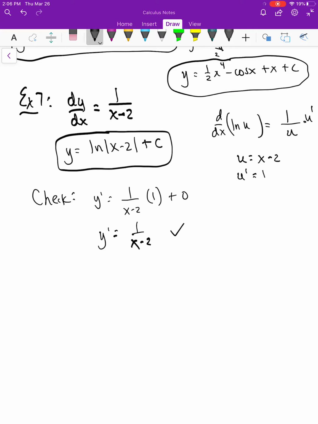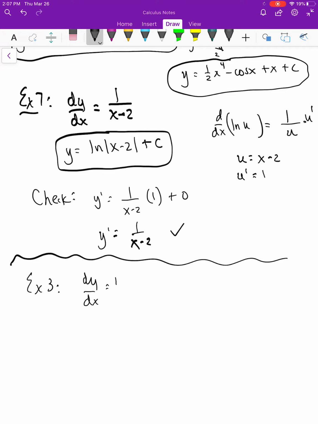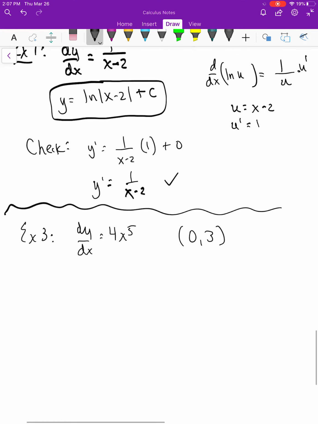So, all right. And this would also be if I took one of these problems and I gave you an initial value. So, what if I went back up to example number 3? I'm just going to put a little line here. And I said, not only did I give you this derivative 4x to the 5th, but I told you that it was going through the point 0, 3.